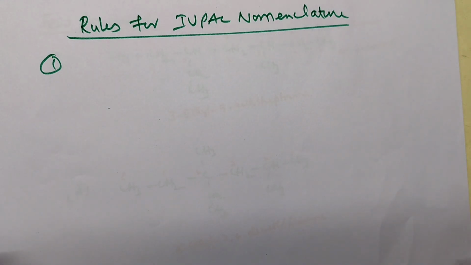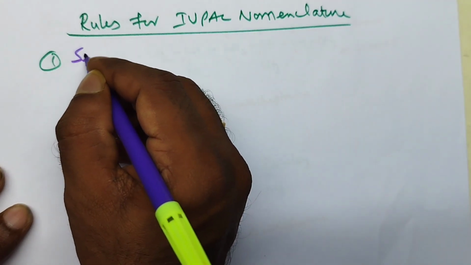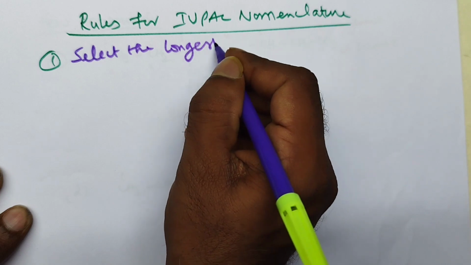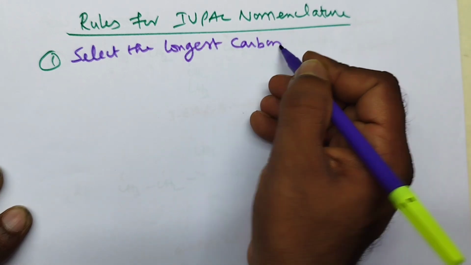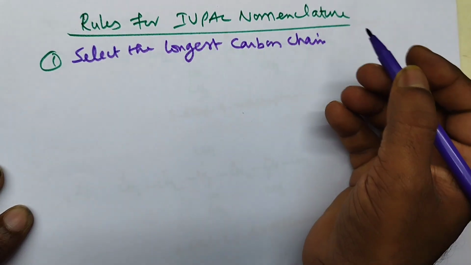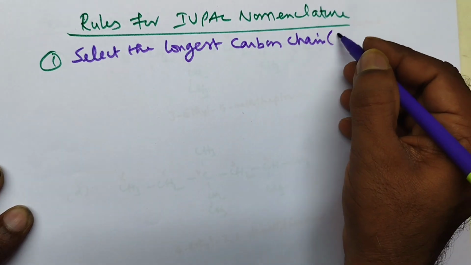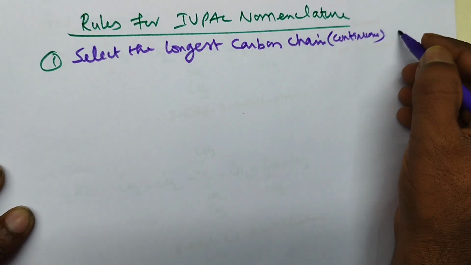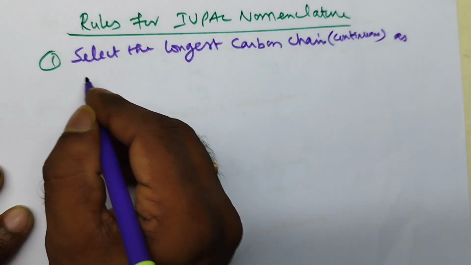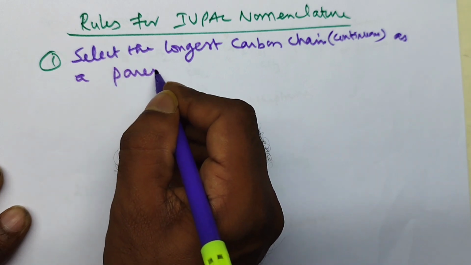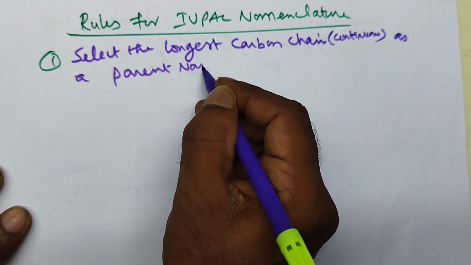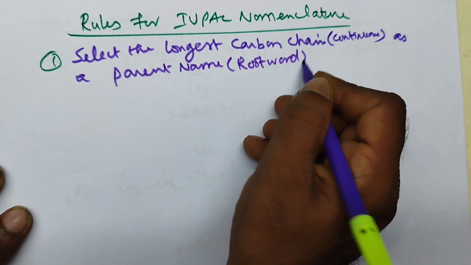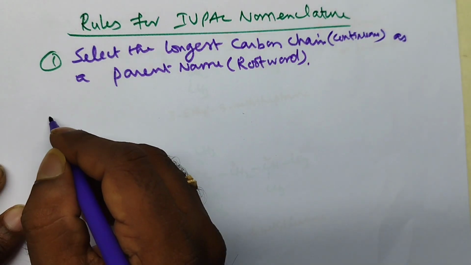While naming the organic compound, you have to select the longest continuous carbon chain as the parent name, or you can say root word. That is the first rule.